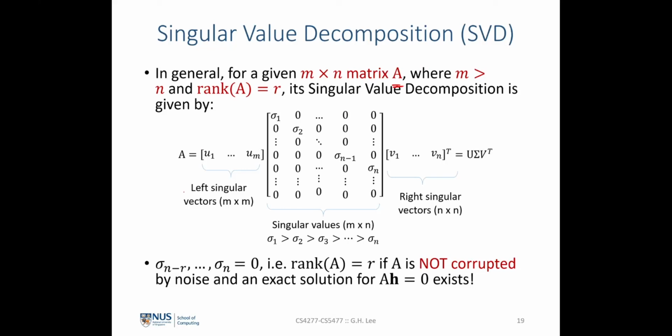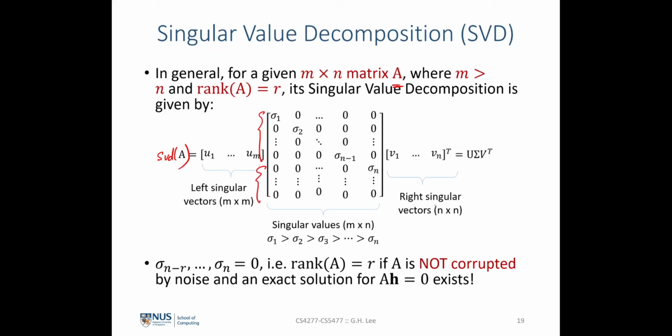After taking the singular value decomposition of A, we will get M by M left singular vectors, and the singular value matrix would be M by N, where the diagonal of the first N rows should be non-zero values that correspond to the singular values of the matrix A, and the remaining M minus N rows are going to be padded with 0.